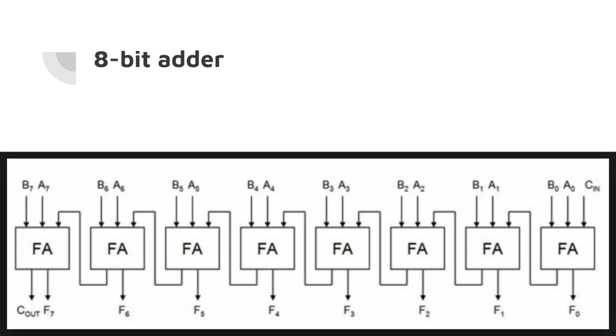And all of the sums are these F's. F0, F1. Yeah, those are the sums. Eventually you get to a carry out. And that's actually when you overflow all of those over 8 bits, and you actually have to go to the 9th bit.